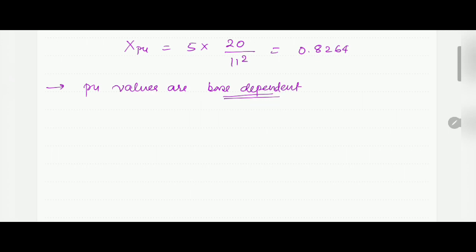So the same generator or same equipment may have different per unit values depending upon the selection of the base quantities, but it will always have the same actual value.